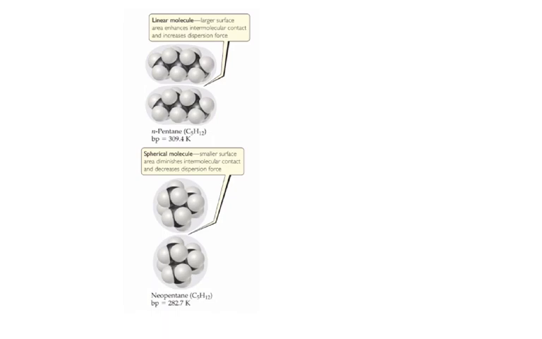The LDFs here are going to be easier to break. So notice that the boiling point is only 282.7, way lower than the boiling point of the linear version, which is pentane.